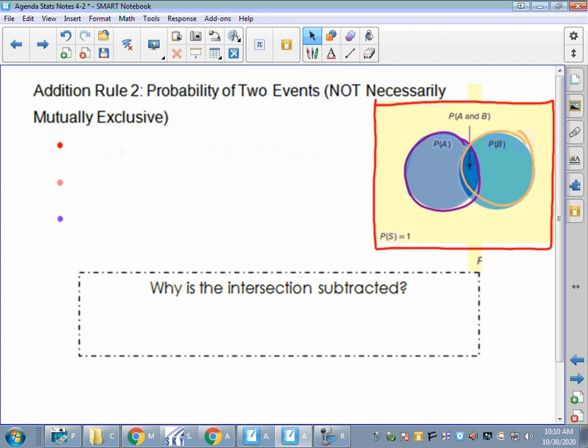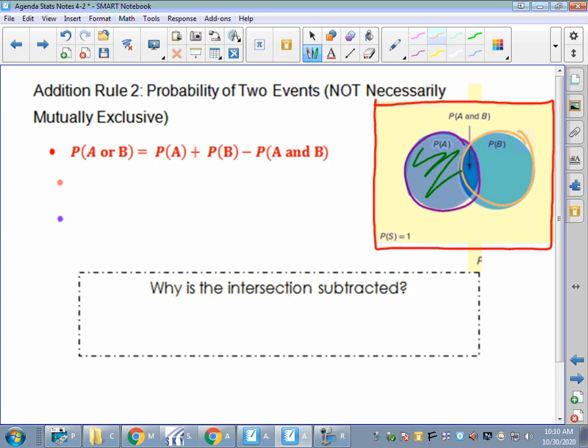So this formula, the probability of A or B is equal to the probability of A happening plus the probability of B happening. So this left-hand bubble over here plus this right-hand bubble over here. But then we have to take out this overlap, the and part, the part that has both bubbles involved.